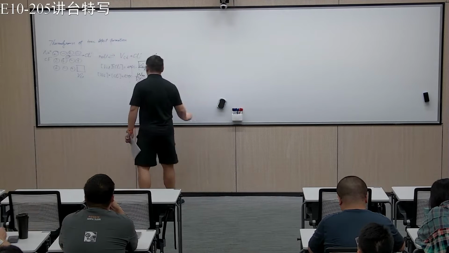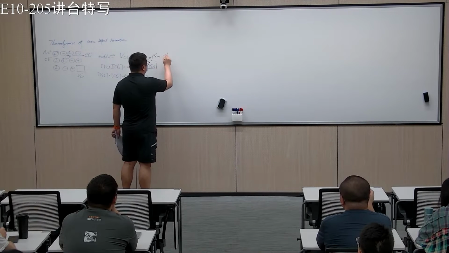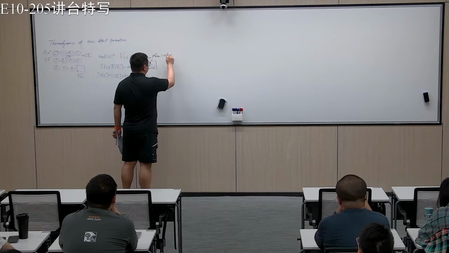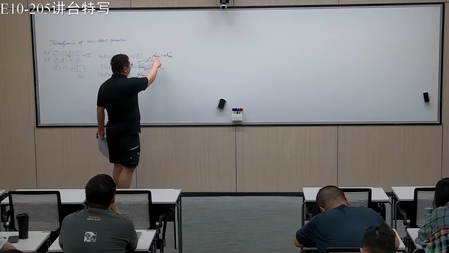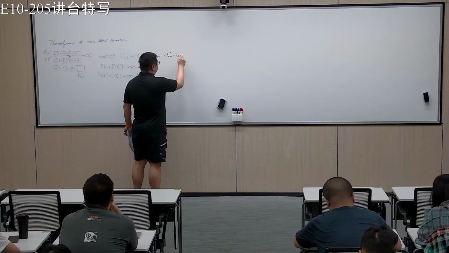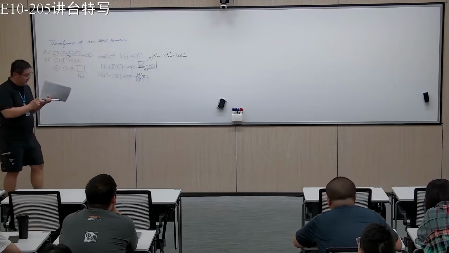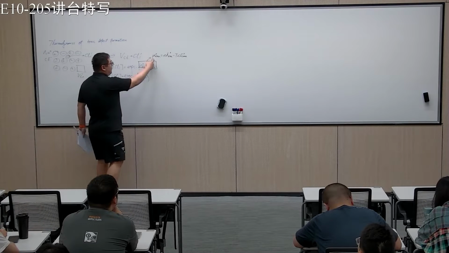Let me erase this part. Since this is some kind of Gibbs free energy, it is just Gibbs free energy per mole. You can further write it as delta H of reaction. Of course, we like to use the standard condition anyway. If you do not remember why it's the standard condition, you can check the notes from last class. Then minus T delta S, simply because this is the Gibbs free energy.